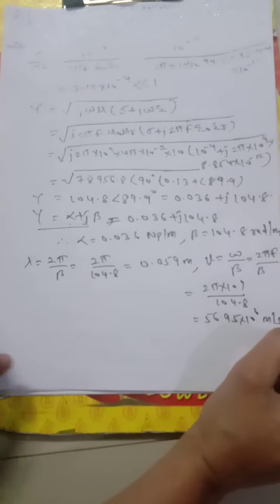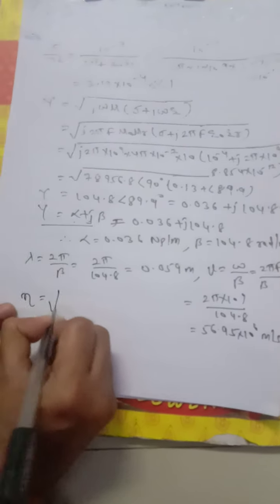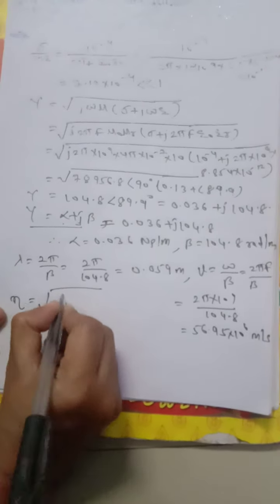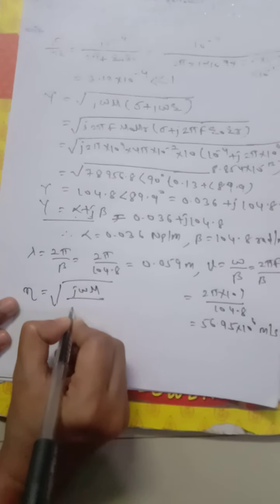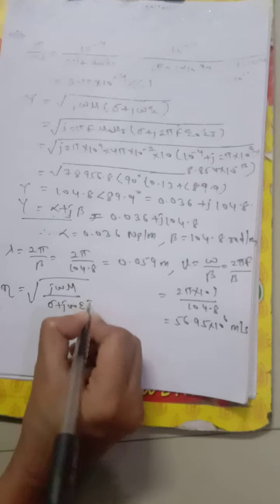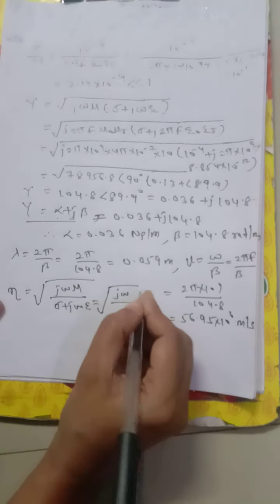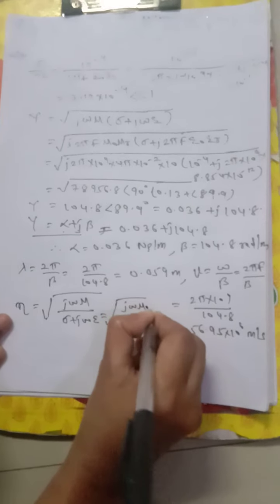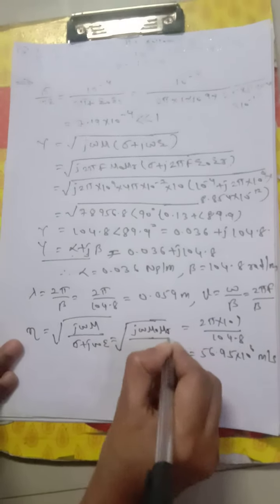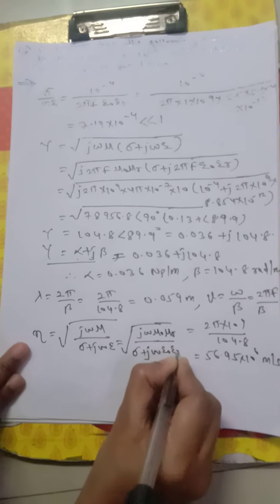Now go to the last parameter, the intrinsic impedance, which is the root of j omega mu divided by conductivity plus j omega epsilon. You can write j omega mu 0 mu r, substitute the values, and in the denominator conductivity plus j omega epsilon 0 epsilon r.